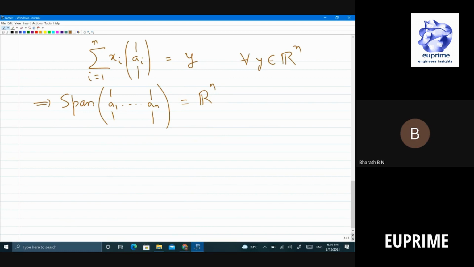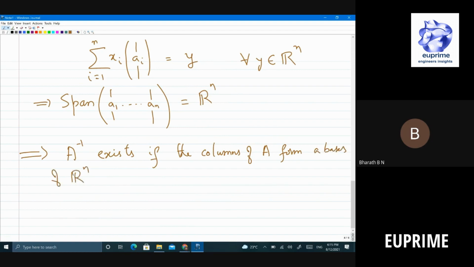That means they have to be linearly independent. So putting everything together, what do we get? A inverse exists if the columns of A are linearly independent and span the entire space. What is that called? Basis of Rn. In other words, the columns should be linearly independent and should span the entire vector space.